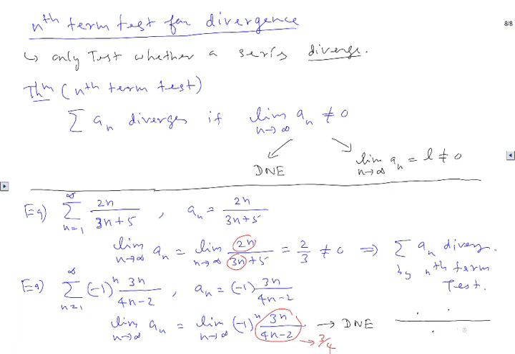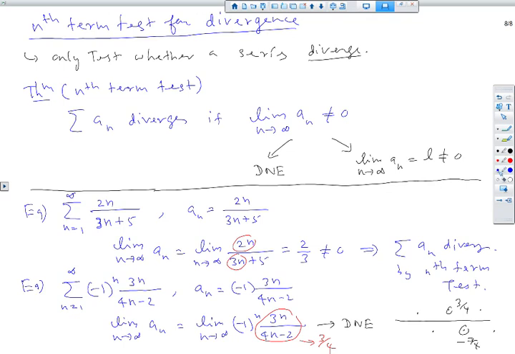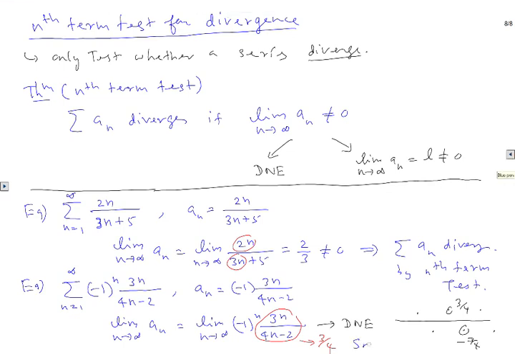So the limit does not exist. That means by the test, the series diverges.